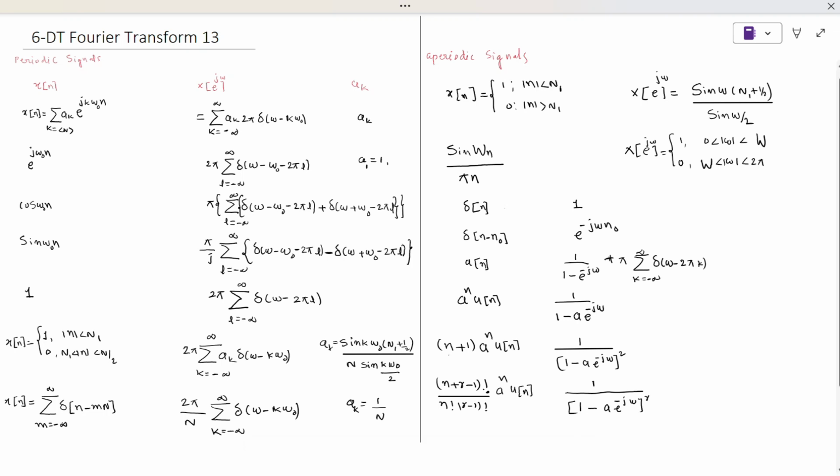So this is the case. It is about discrete time Fourier transform revision.